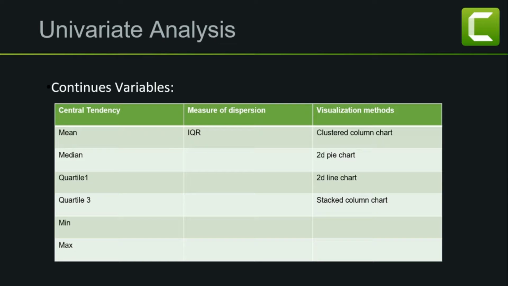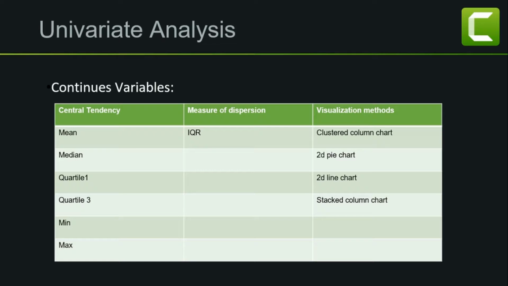Under central tendency, we have mean, median, quartile 1, quartile 3, minimum and maximum variable. Then measure of dispersion, we have taken IQR. Moving on to visualization methods, we used clustered column chart, 2D pie chart, 2D line chart, and stacked column chart.